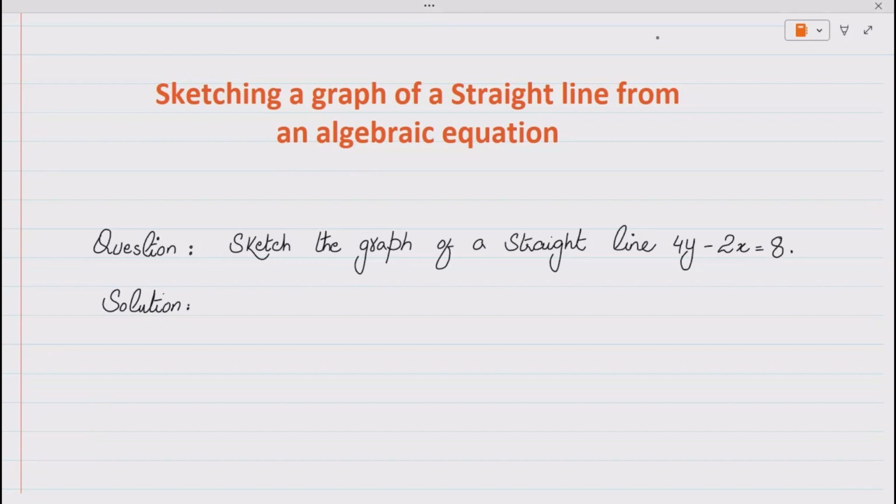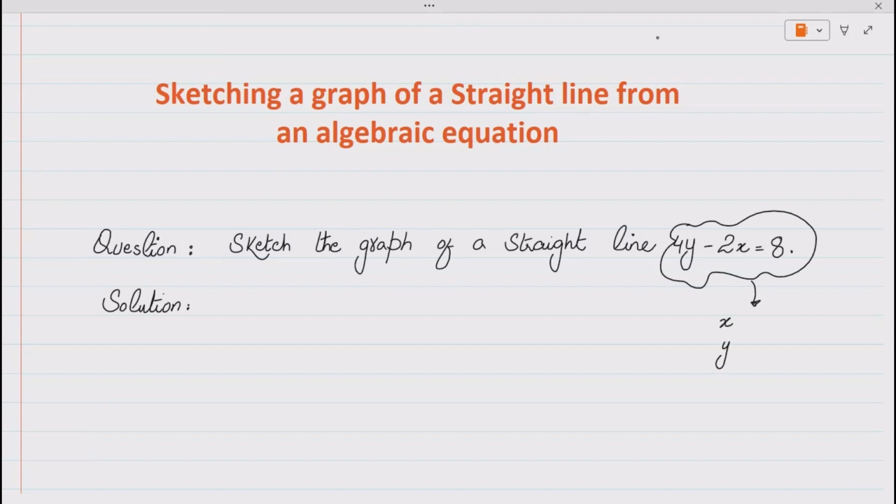So you can see this line is a straight line, and how we can say any line is straight or not, we have to see the power of its variable. So here you can see we have two variables, x and y.